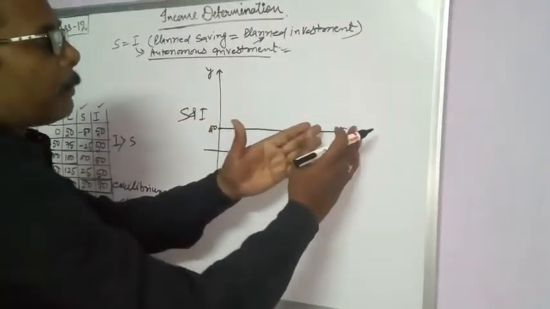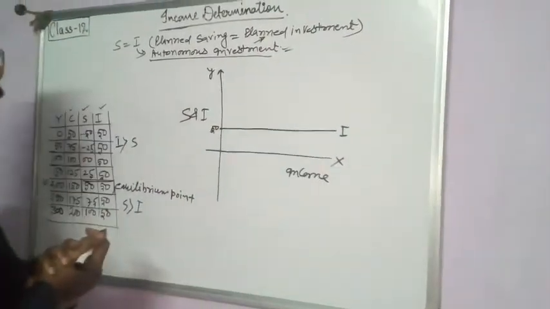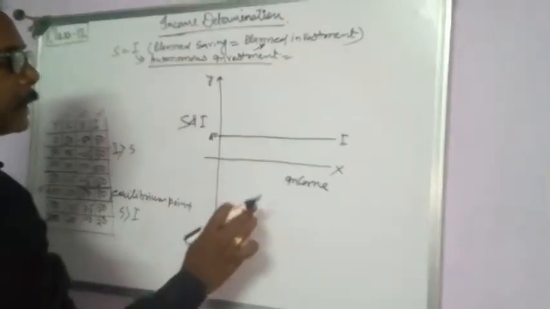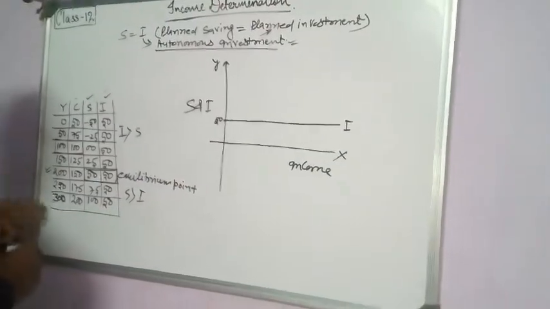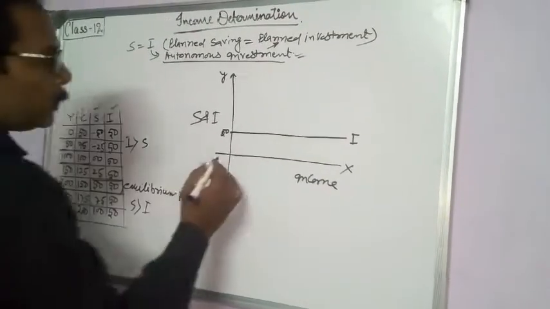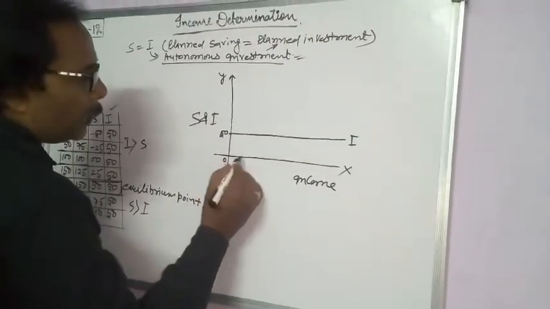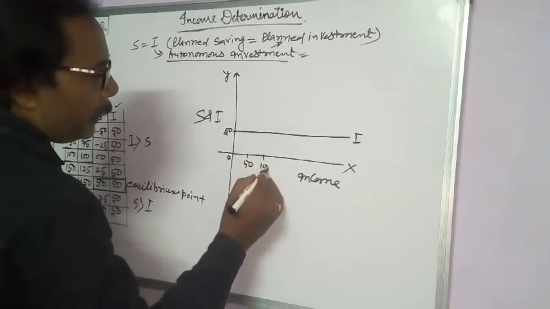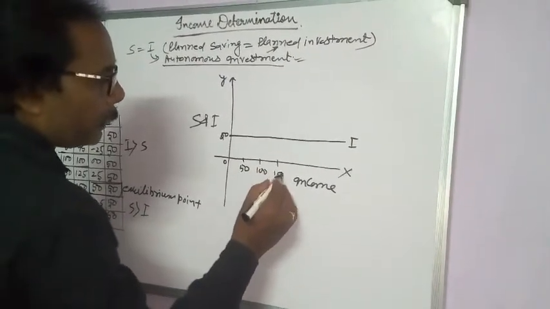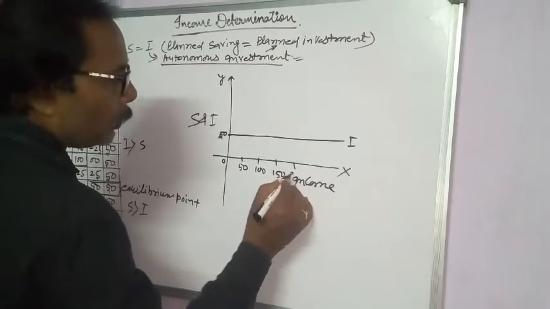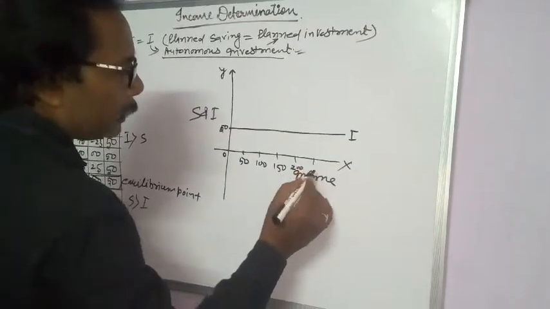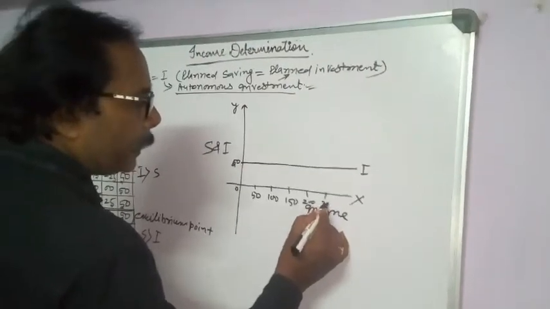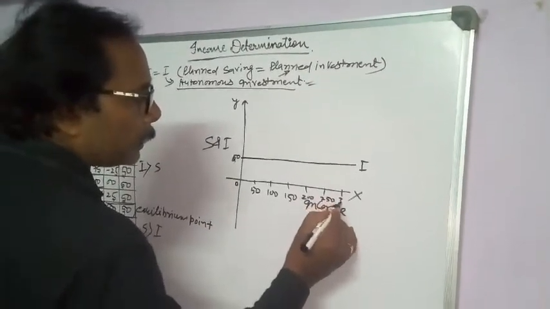So now I have drawn I, the investment, and it is parallel to the x-axis at all levels of income. Suppose here the income is 0, next it is 50, 100, 150, 200, 250, and 300.